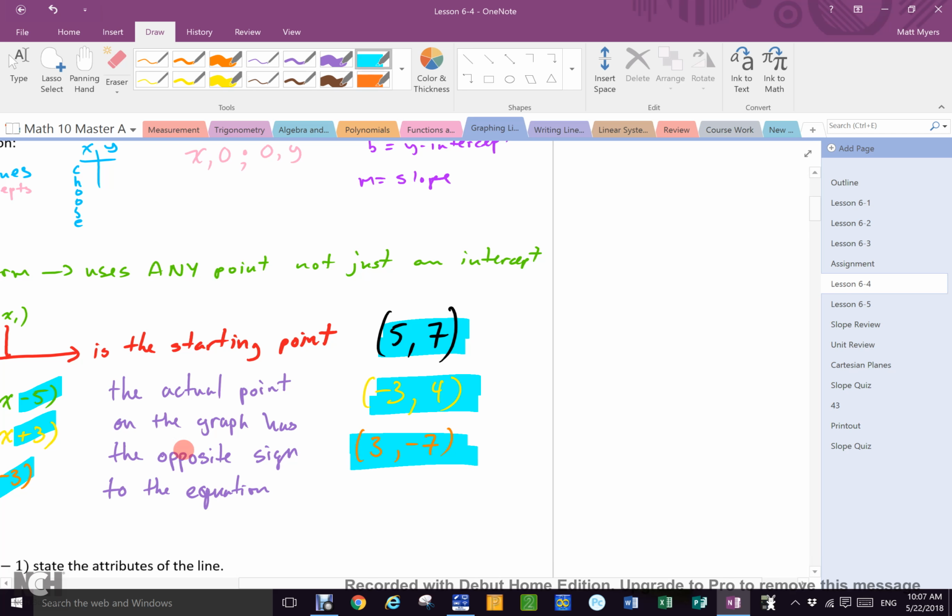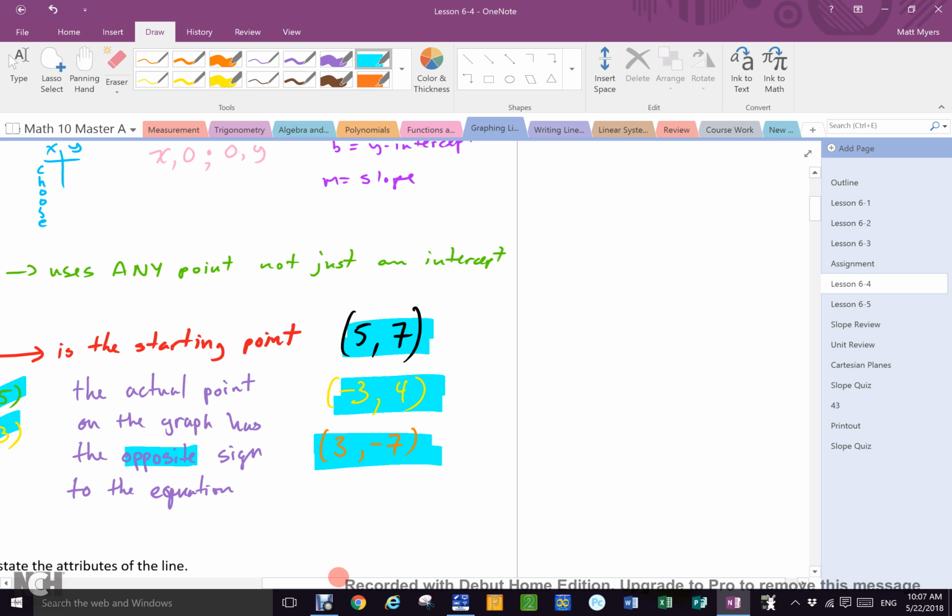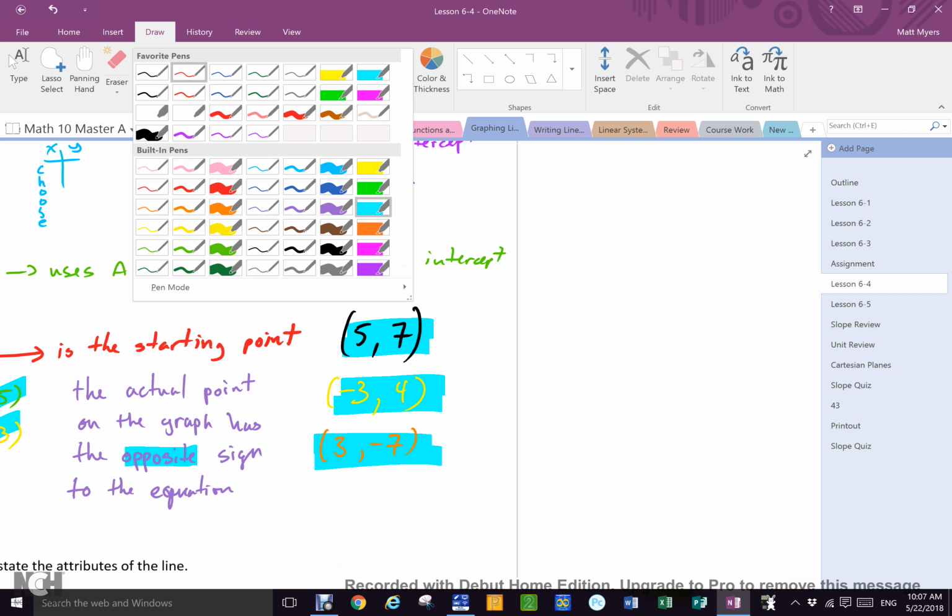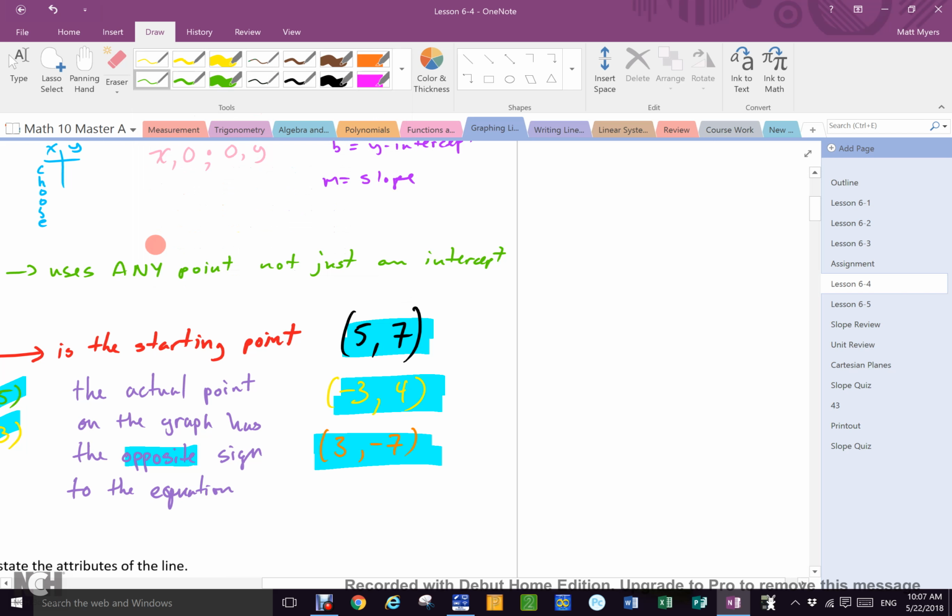And you may want to highlight opposite. Now, as always, I like to show you why something works, even though most of you don't care, but I like to show it. Helps me out.